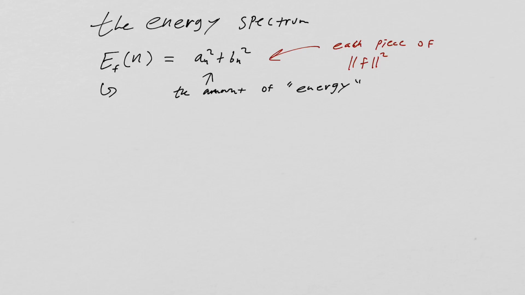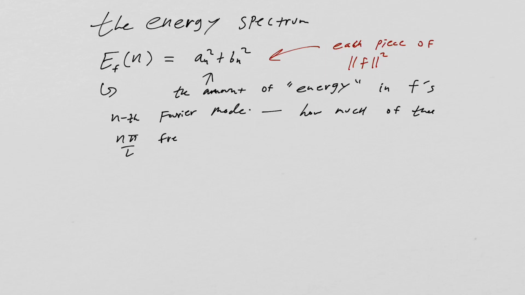It's the amount of energy in f's nth Fourier mode. Another way to think about it is how much of the nth, n pi over L, frequency makes up f. That's essentially what it's telling you. So oftentimes this is depicted as a graph.